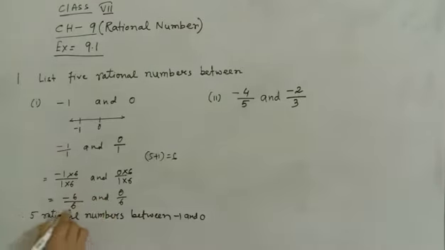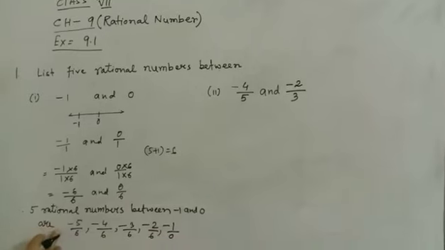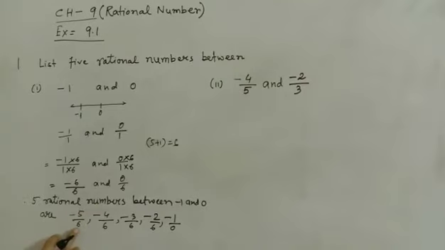After -6 by 6 the number will be -5 by 6, -4 by 6, -3 by 6, -2 by 6 and -1 by 6. After that 0 by 6 will come, and here -6 by 6 will come. So how many rational numbers can you get here? 1, 2, 3, 4, 5. And you can write this answer in this way only.